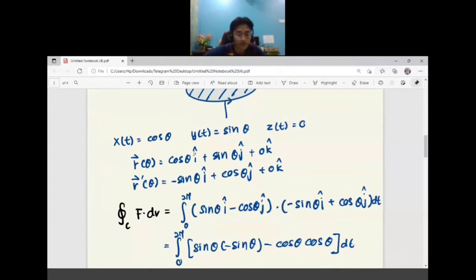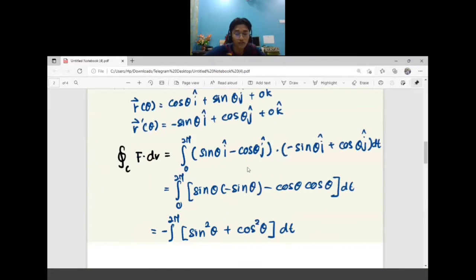I have a parameterization for the boundary curve, which is the unit circle, so I'm going to write this as cos theta i plus sin theta j plus 0k. Why 0k? Because that boundary circle is in the xy plane. It has no k hat component.